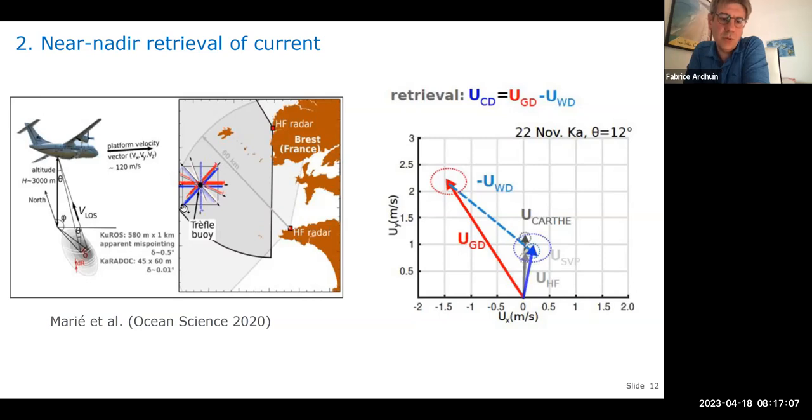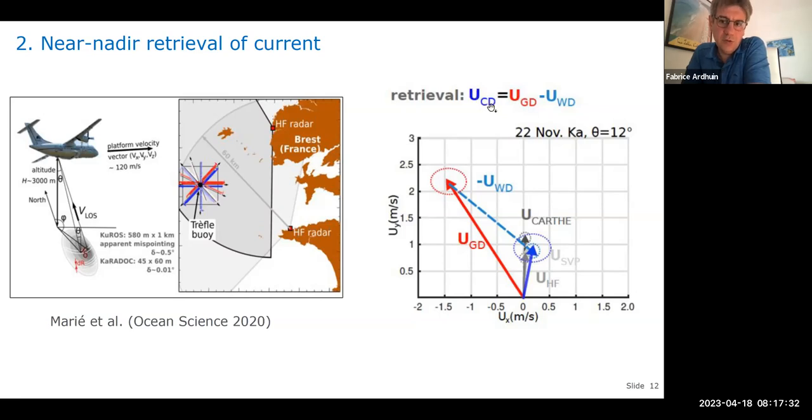It means that we're measuring opposite velocities as we go one way or the other, looking on the side of the airplane. As we sample different azimuths, you can see that at some point the velocity goes to almost zero. From the azimuthal variation of this velocity, you can fit a vector of the geophysical Doppler measurement, this UGD, which is what we measure.